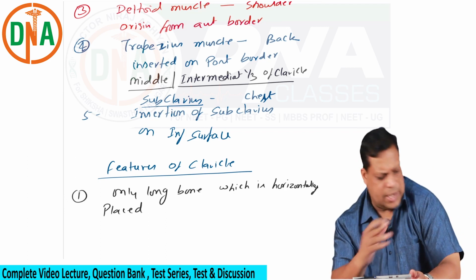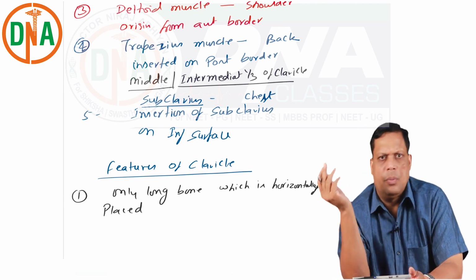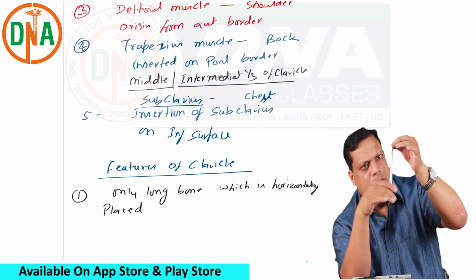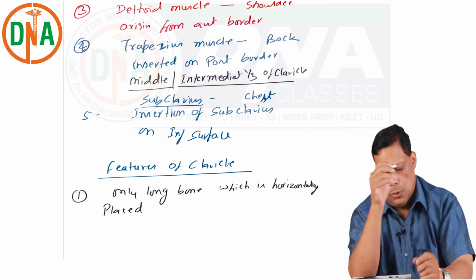All other long bones like humerus, radius, ulna, and in the lower limb femur, tibia, fibula, are all vertically placed. Clavicle is the only long bone which is horizontally placed. So it is a unique feature of the clavicle bone.